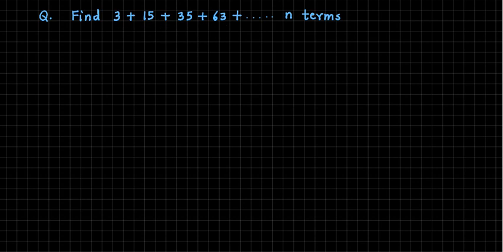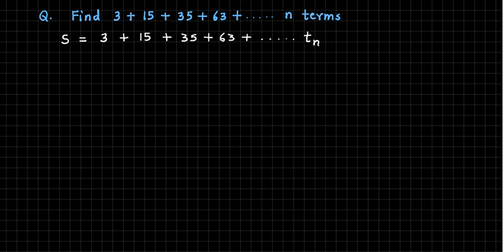We first write the required expression as S, our required sum, and write the first few terms: 3 plus 15 plus 35 plus 63 and so on up to, say, the last term Tn.